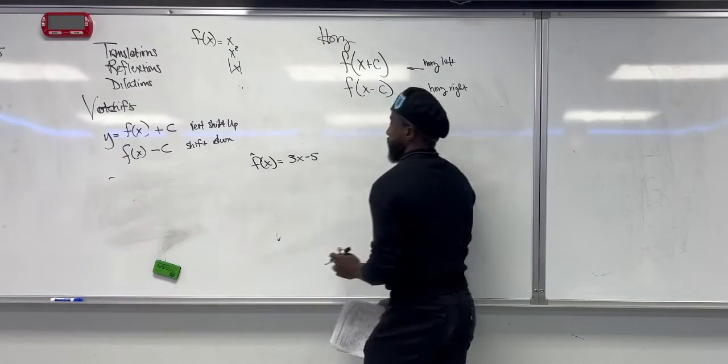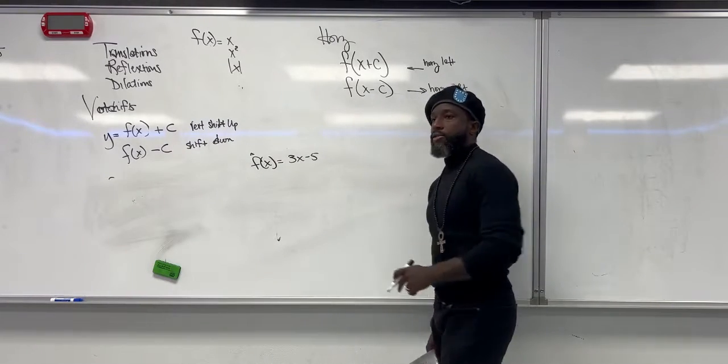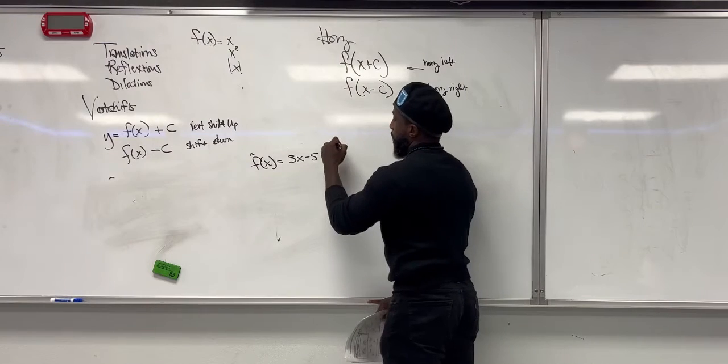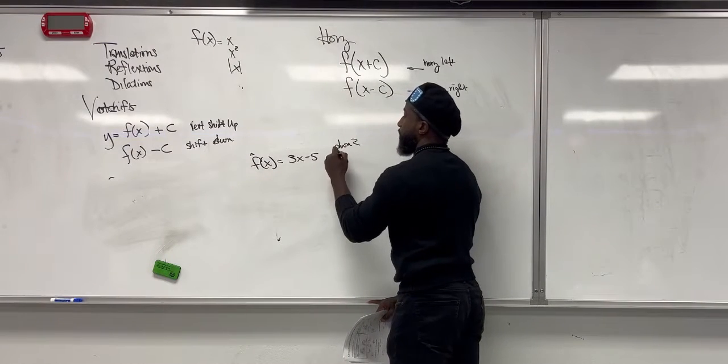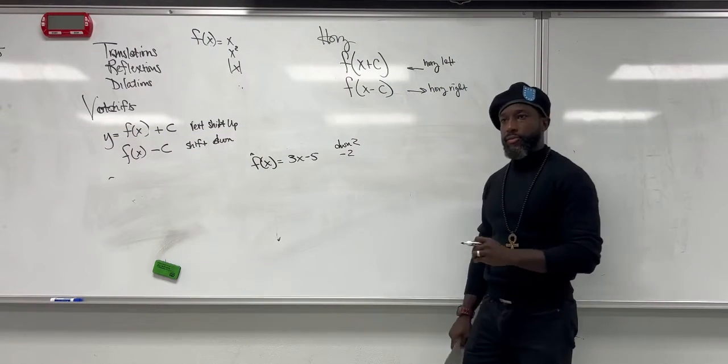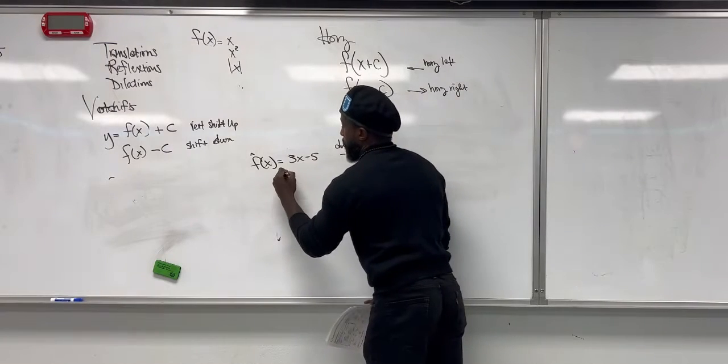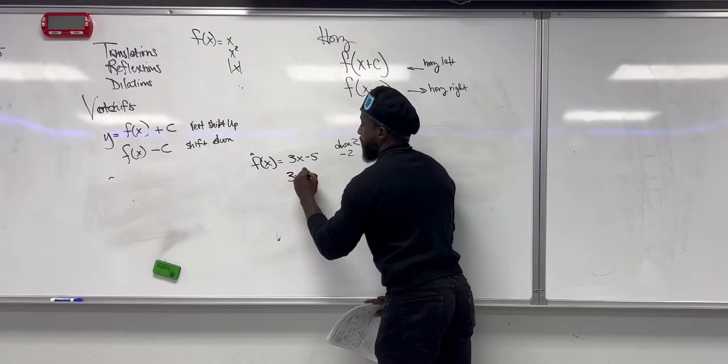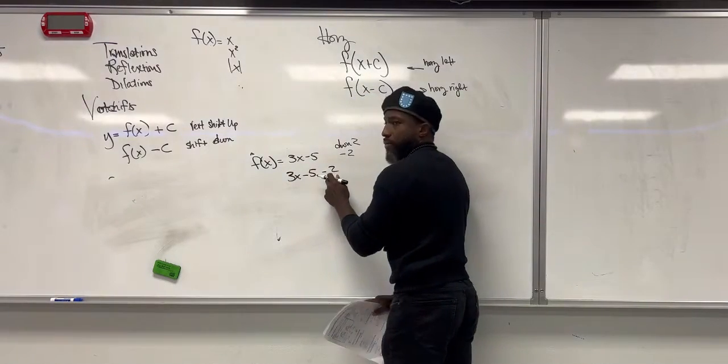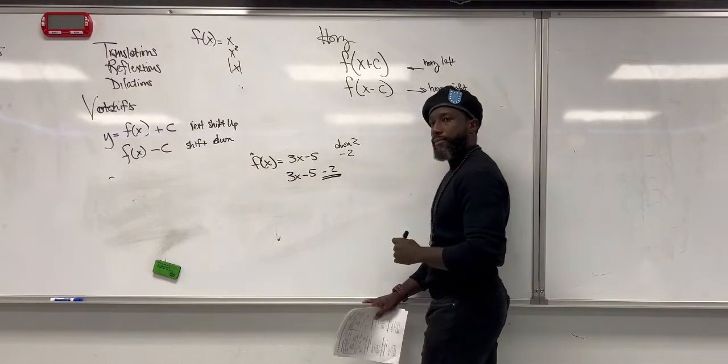Translating down 2 units, what's going to happen is, down 2, that means you're going to subtract 2. So it's going to be 3x minus 5 minus 2. This is the down 2 units part, okay?